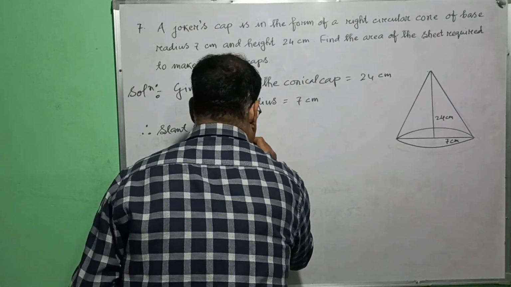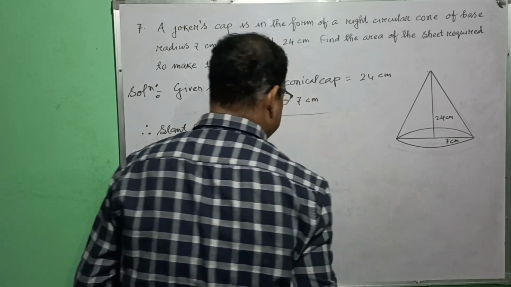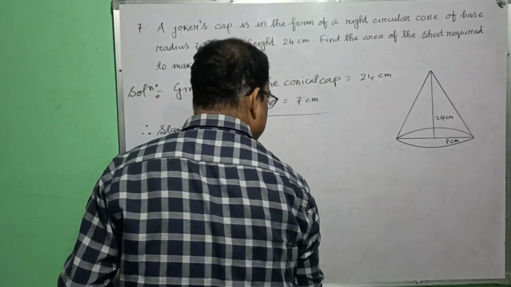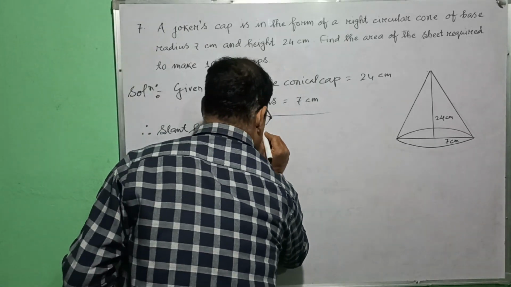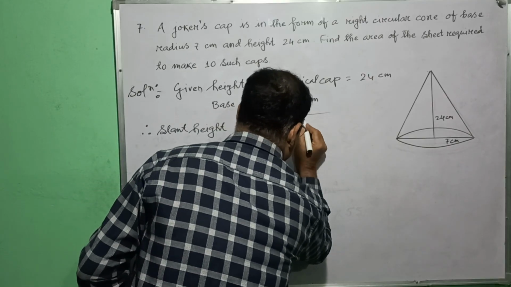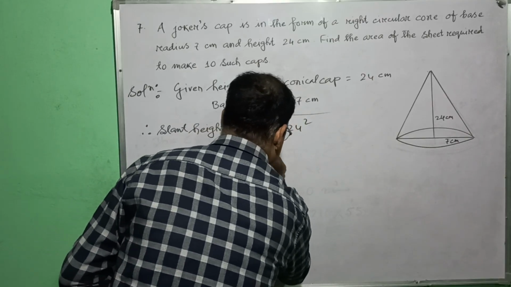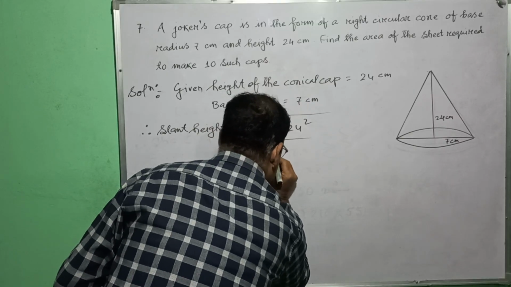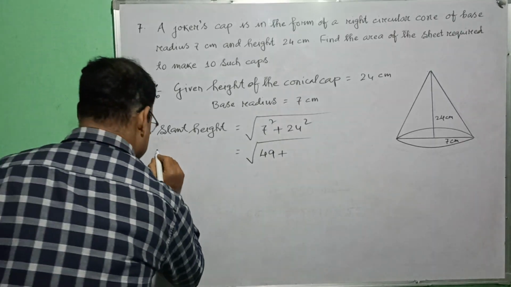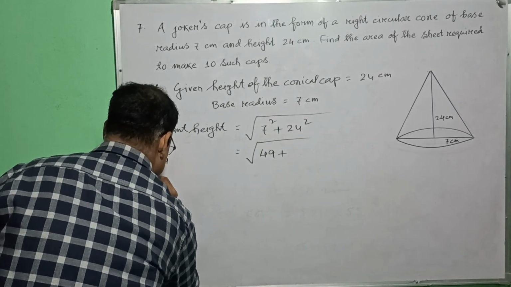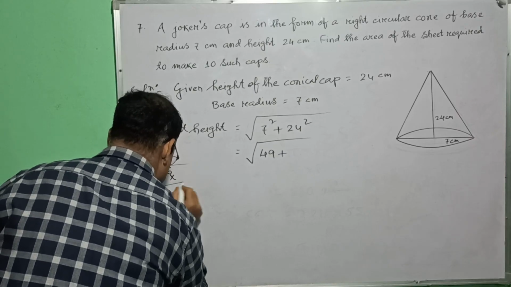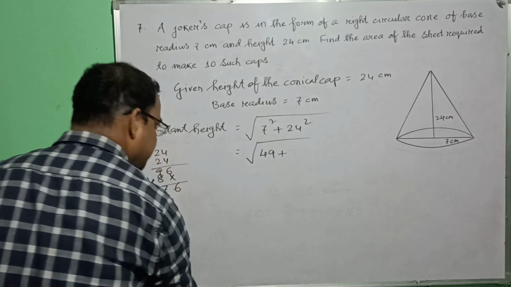So slant height equal to square root of r square plus h square. So here r is 7, so we can write 7 square plus h is 24, so 24 square, equal square root of 49 plus 24 square, equal 24 square is 576.